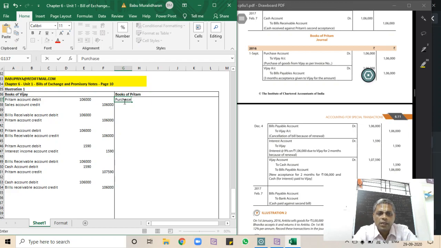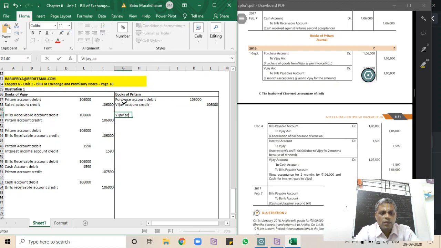In the books of Preetham, purchase account debit to Vijay account credit. Vijay being sundry creditor in Preetham's books. Vijay account credit 1,06,000 and 1,06,000.